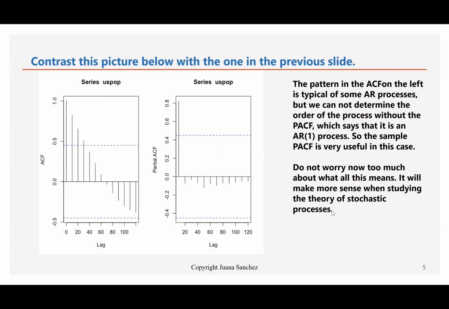And in order to see really what is the process going on, we need the partial autocorrelation. Partial autocorrelation is clean, very clean. It's telling us the autocorrelation of yt with yt minus 1 is significant, but not the other ones, right? So the autocorrelation of yt with yt minus 2, although in the ACF it appears as significant, it's not significant really when you take into account the previous autocorrelation.